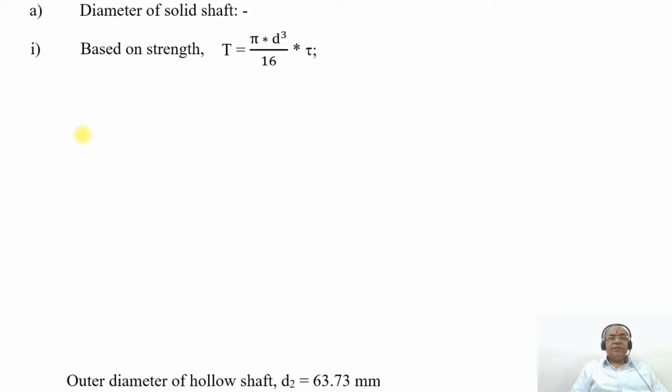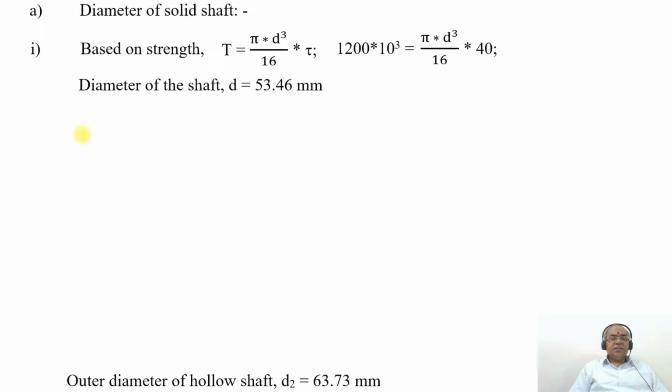Zp value is pi d cube by 16, so we have substituted that formula directly. Therefore, the torque 1200 into 10 to the power of 3 equals pi d cube by 16 into tau, which is 40. So the diameter of the shaft is 53.46 mm.